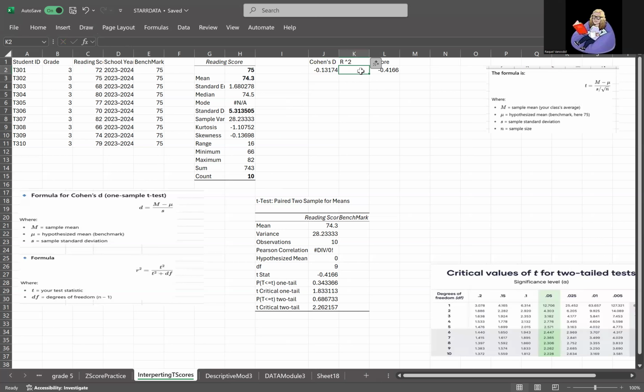Going further, we can look at the R squared effect. These calculations are meant to give us the ranges of effect or differences of effect.